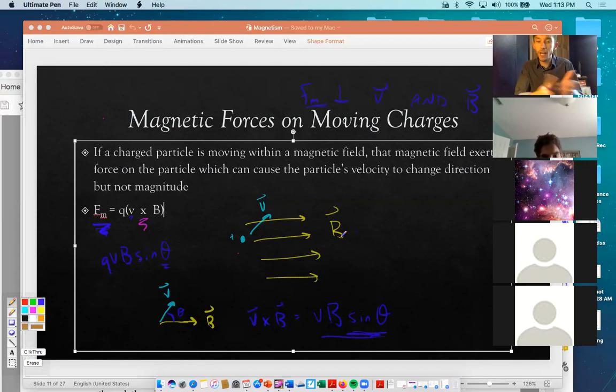So this is where the right-hand rule comes into play to figure out the direction of this force. To figure out the direction of the force on a positive particle, you have to align the fingers of your right hand with the velocity, and then you have to figure out how to turn your hand.